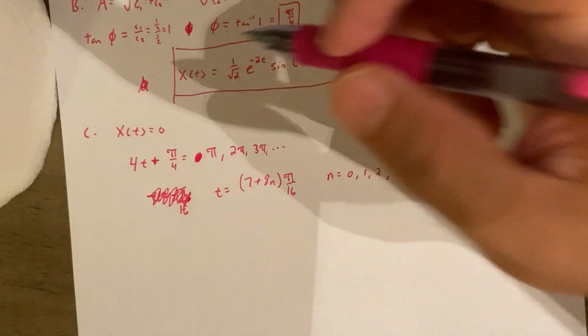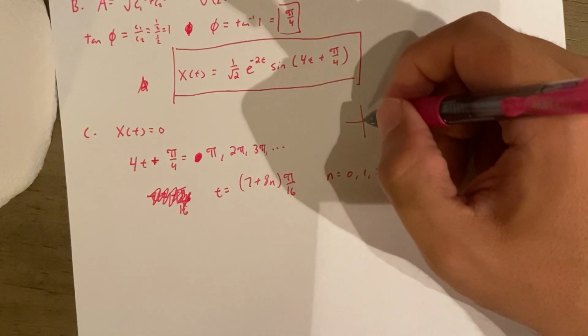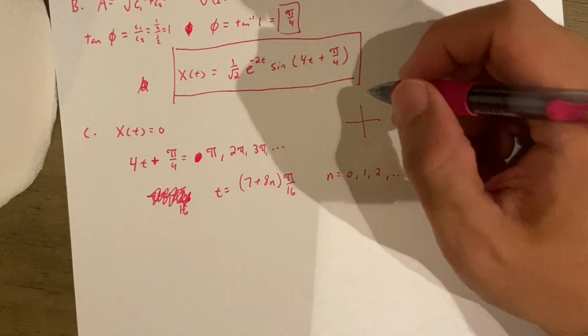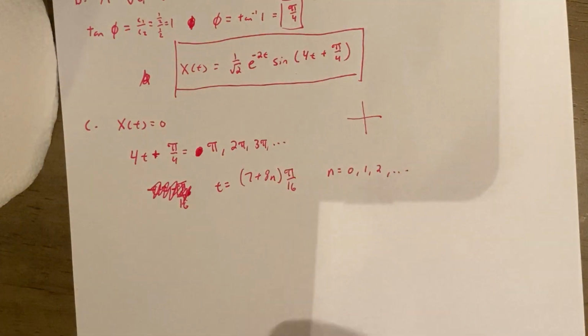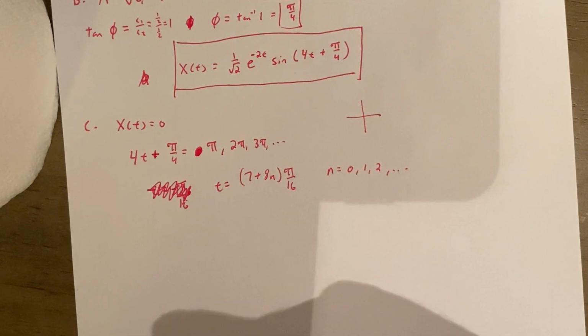So then we have to use our next part, because of the way that we're moving. If we're talking about pi, 2 pi, 3 pi, and we're talking about sine, we're talking about the y values.